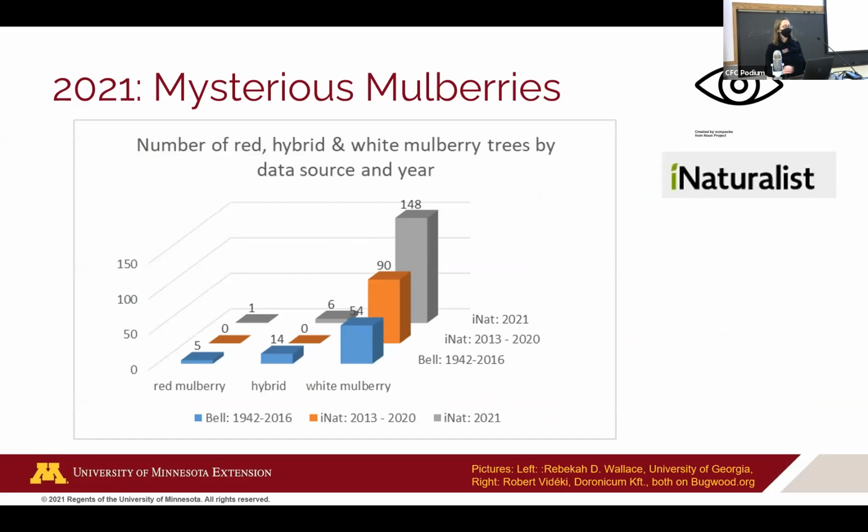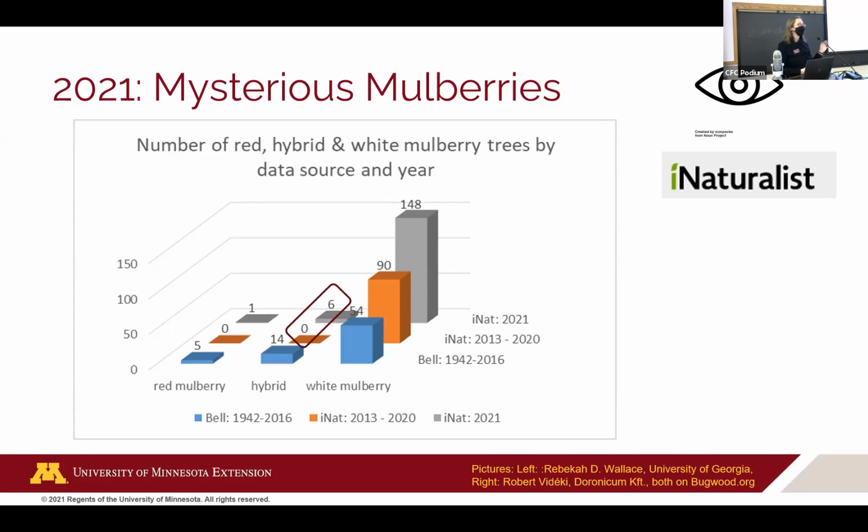So I took this apart by data set. I went to the Bell Museum's data set to look at historical records. And then I took out the trees that are dead, that shouldn't be alive because of their expected life expectancy. And that's what you have left. So you have 5 red mulberries in that original data set, 14 hybrids, we'll talk about that in a minute, and 54 whites. Now, if you look at this in iNaturalist, it turns out we don't have a way to scientifically prove if white mulberries can hybridize.